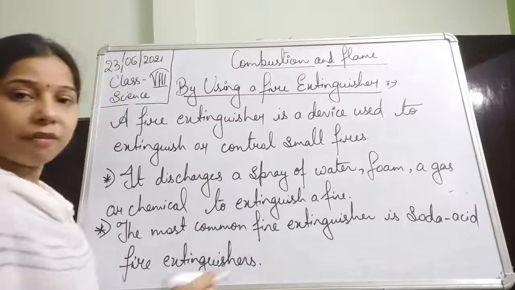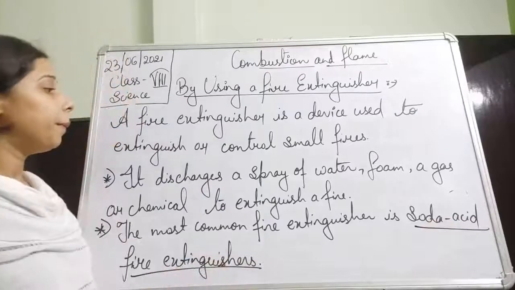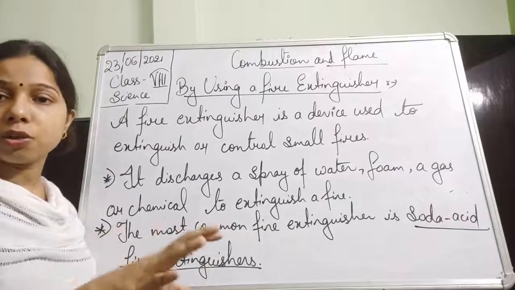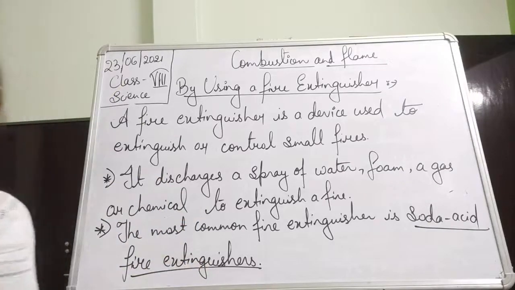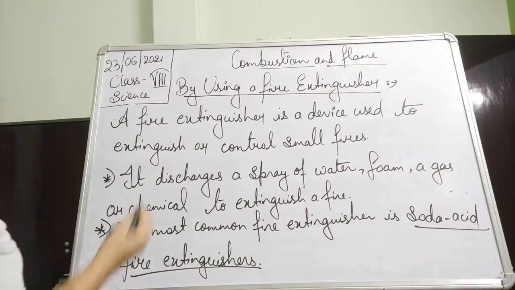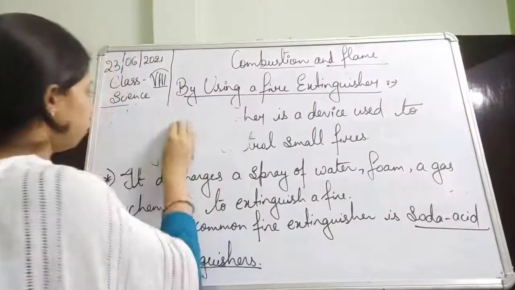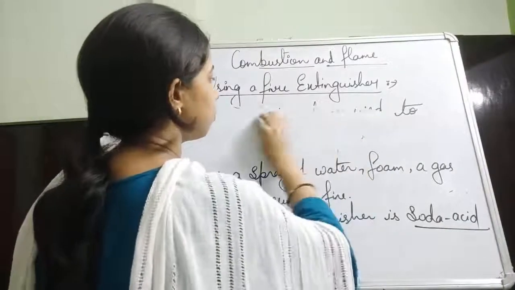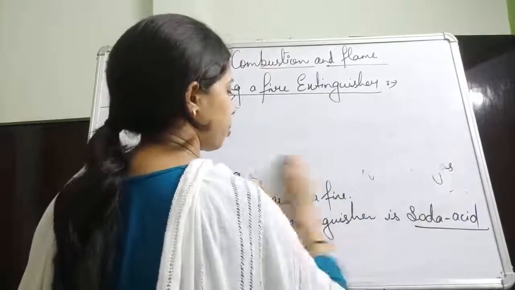Basically it is a device which helps in removing and controlling small fires, and the most common one is the soda acid fire extinguisher. Now let us see what things are there in it.